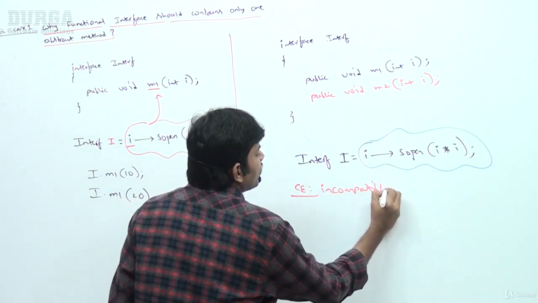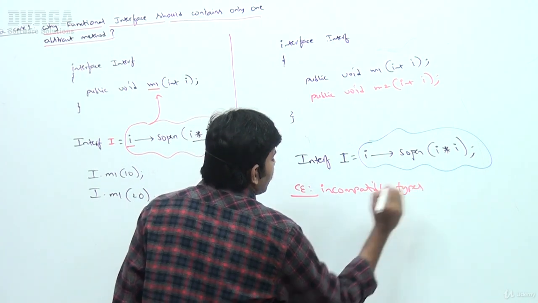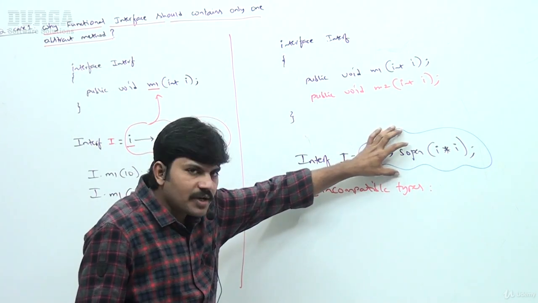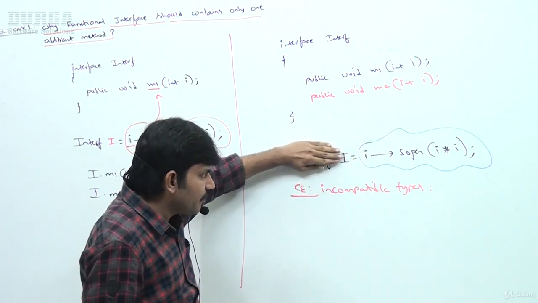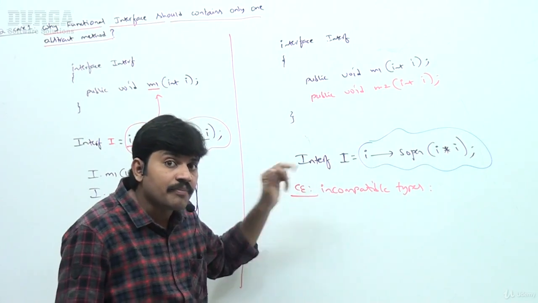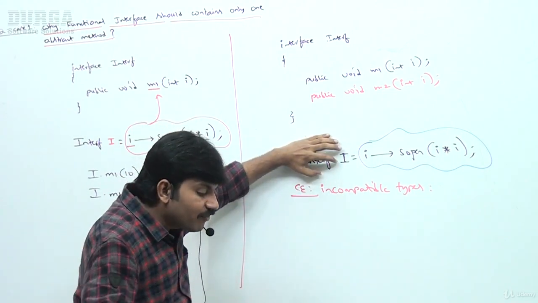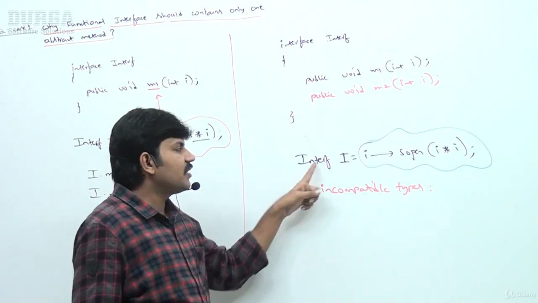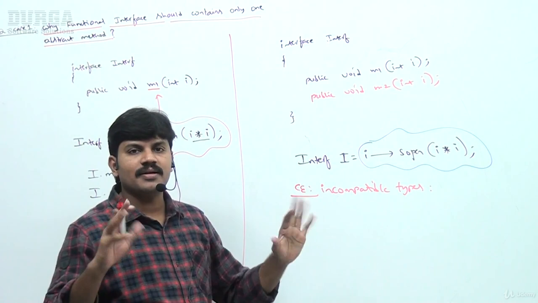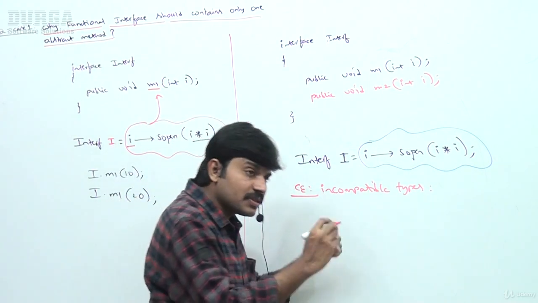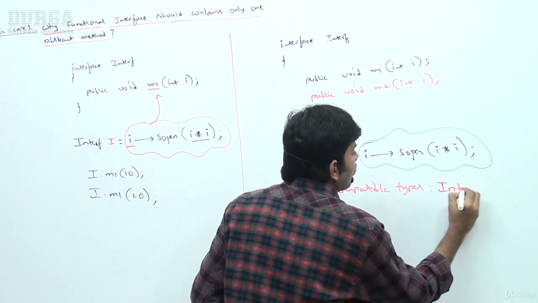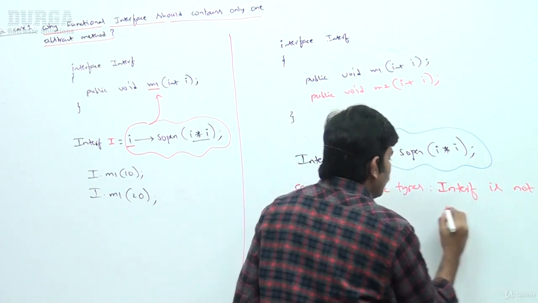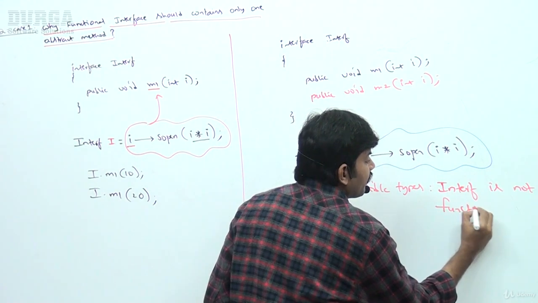For the lambda expression, the interface is compatible only if it contains one abstract method, but it contains two, so not compatible.